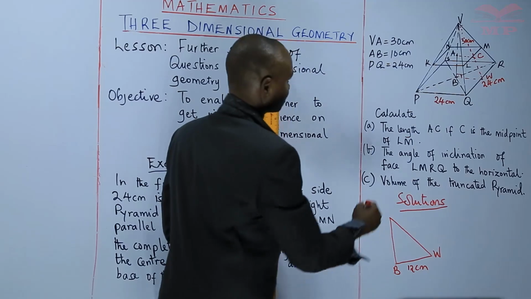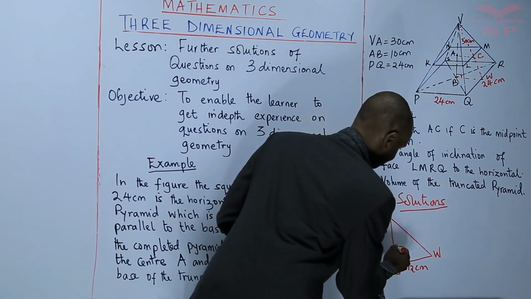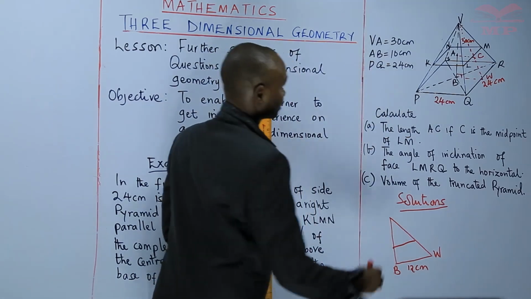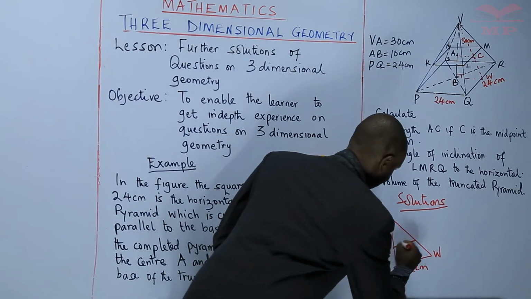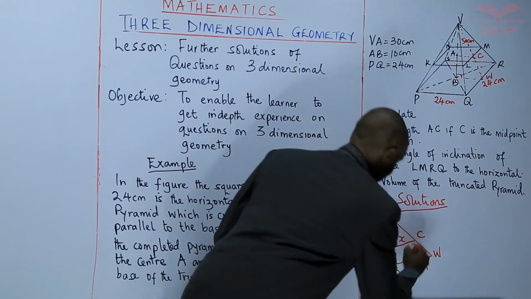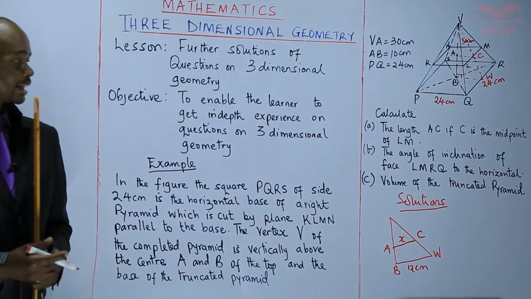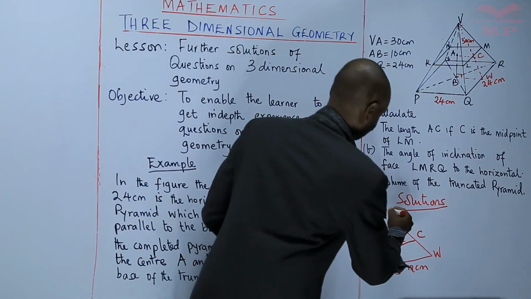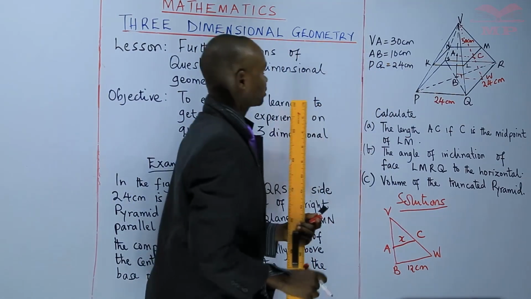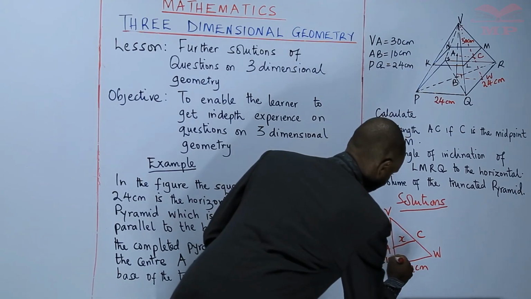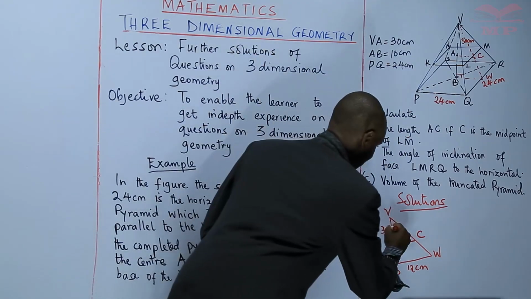So you come to where A is. This is A, and that is C. That is the distance they want you to get. It is not known. I can give it X. So VA, from A to the vertex, was 30, and AB was 10 centimeters.